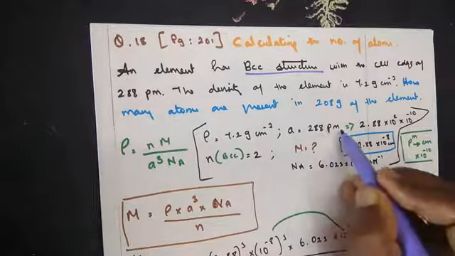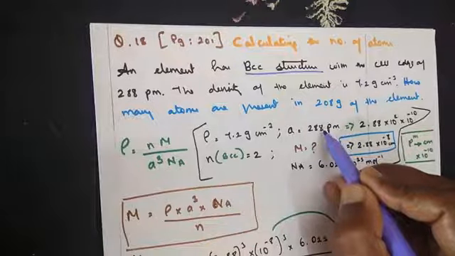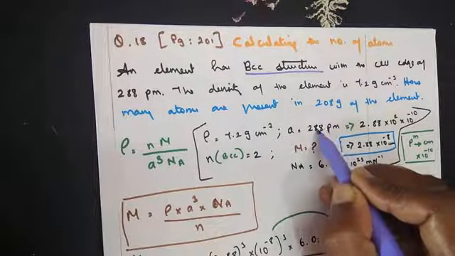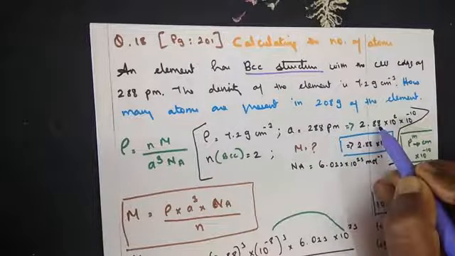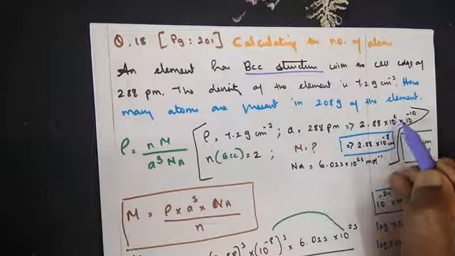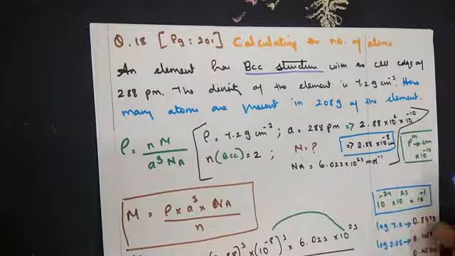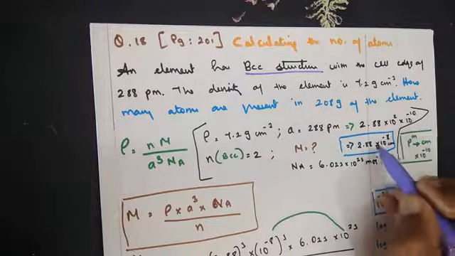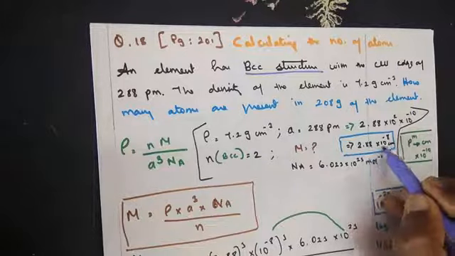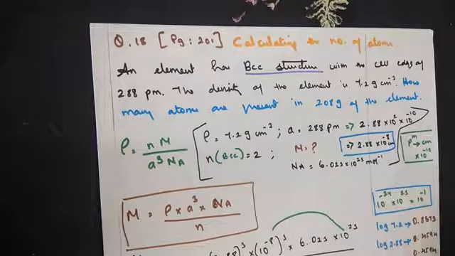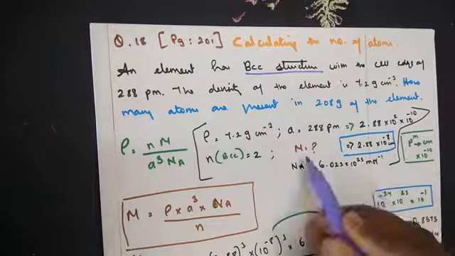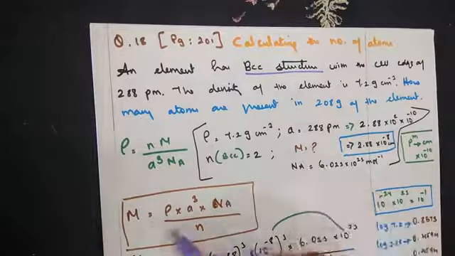So 288 picometer, for the easy way of log calculation, I can move the place value 2 places. So I'm writing 2.88 into 10 to the power 2 into 10 to the power minus 10. You know the laws of exponent that are followed here. So finally I get 2.88 into 10 to the power minus 8 centimeter. Avogadro's number value also we know. What we do not know here is the value of capital M, that's the molar mass.